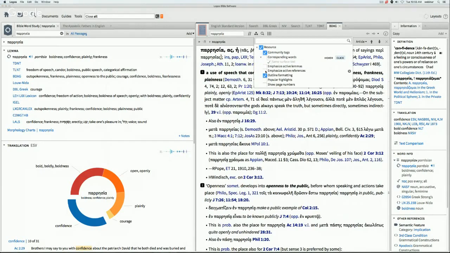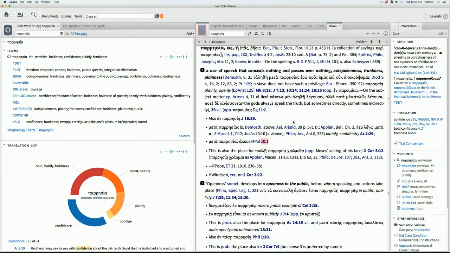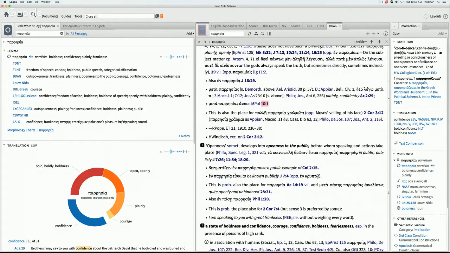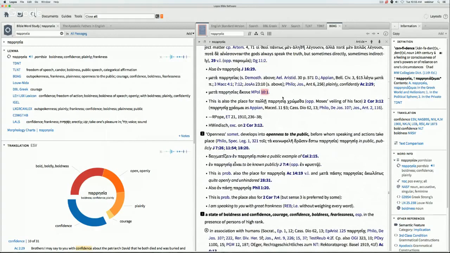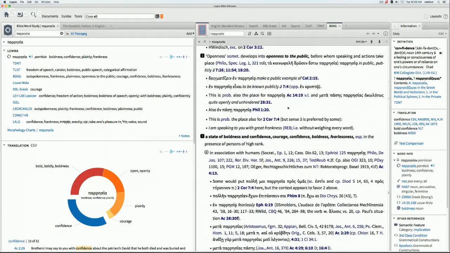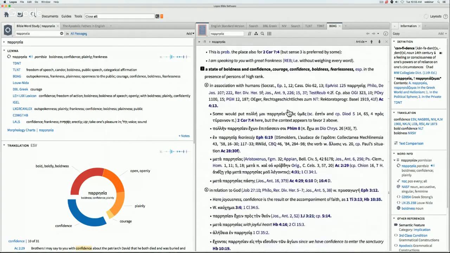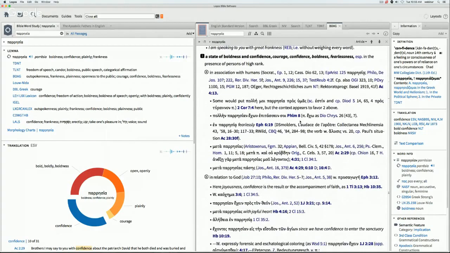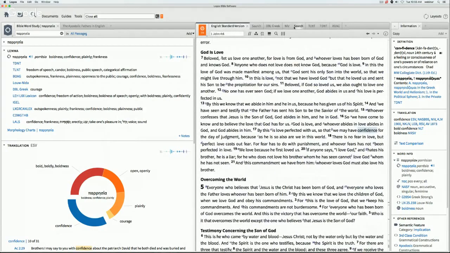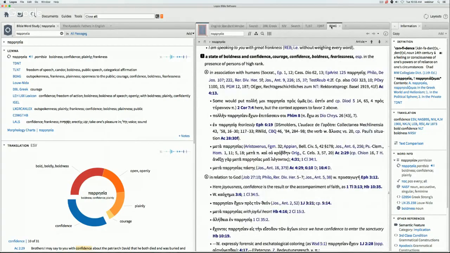Okay, and again, I want to go up here and emphasize active references. And as I scroll down, here's my reference to Polycarp. And let me actually just bring that over to the other screen.